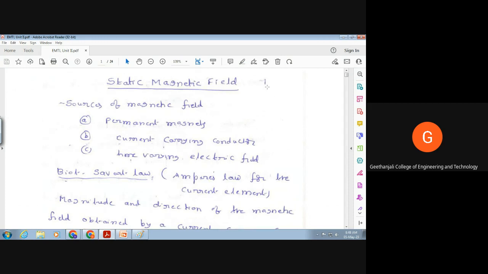We are not going to discuss the magnetic field created by the permanent magnets. Magnetic field created by a time varying electric field will be discussed afterwards. Right now, let us concentrate on the magnetic field that is created by a current carrying conductor.